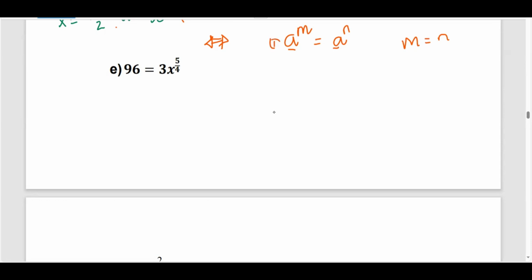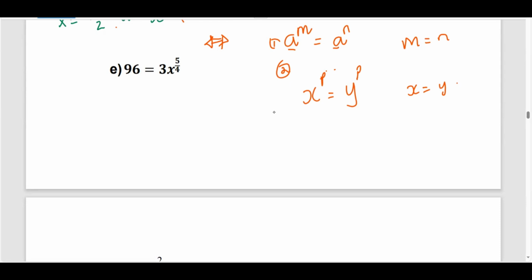That is rule number 1. Rule number 2, if I have x to the exponent of p is equal to y to the exponent of p, if the exponents are the same, then definitely even the bases have to be the same. Okay, so these are the two conditions that we can use when solving exponential equations, okay?